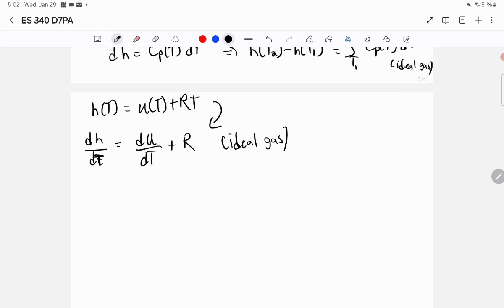But this is the equation that you'll come up with. So if I just take that derivative, that's what I find.